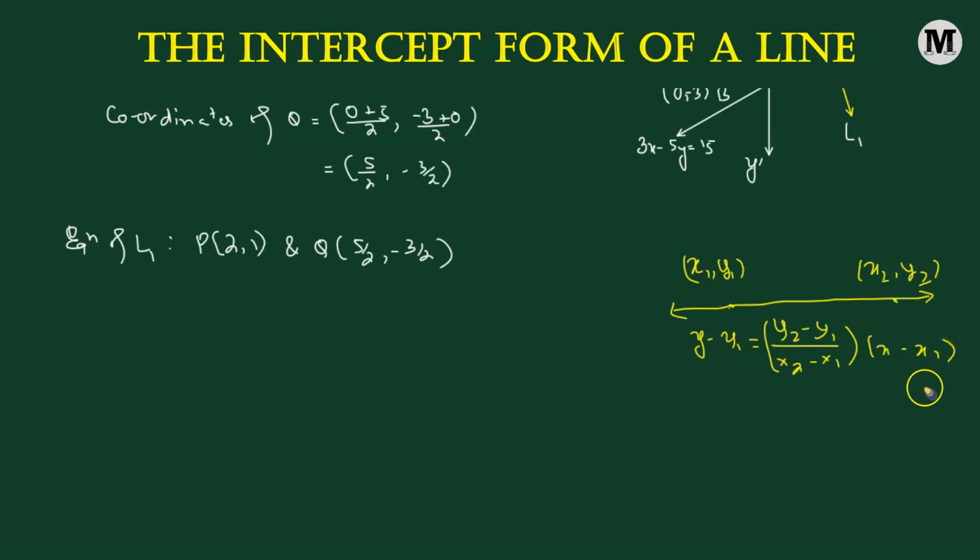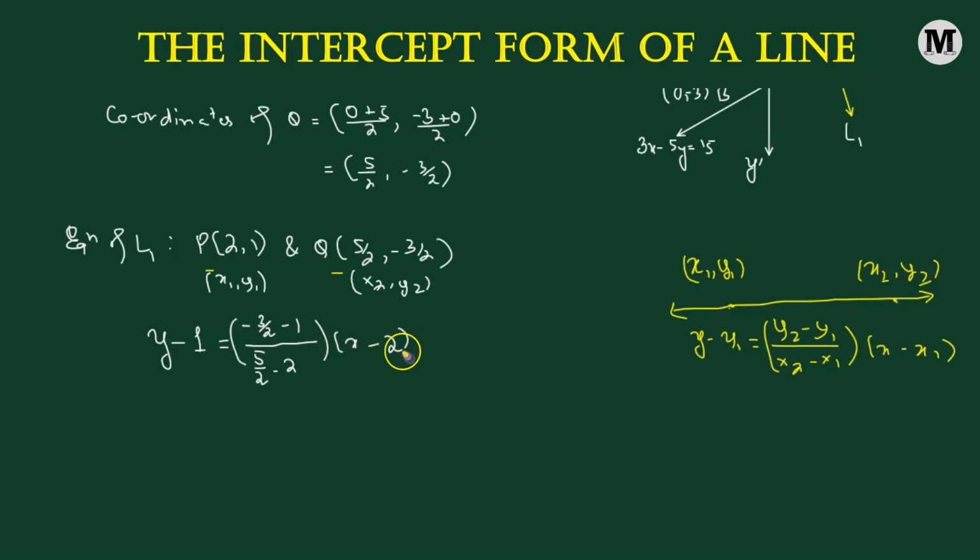Now in our case, we have P and Q. We can consider either one to be x1, y1 and the other to be x2, y2. So let us suppose that P is x1, y1 and Q corresponds to x2, y2. Our equation becomes y minus y1, so y1 is 1, equals y2 minus y1, that is -3 over 2 minus 1, whole divided by x2 minus x1, that is 5 over 2 minus 2, multiplied by x minus x1, so x1 is 2.